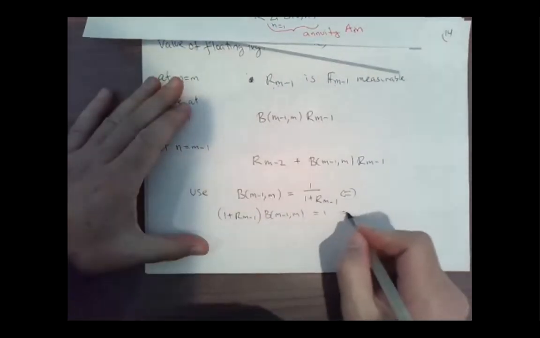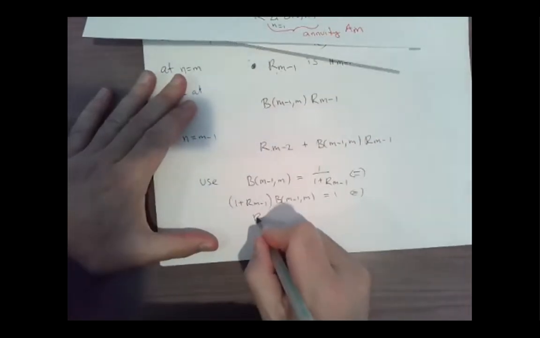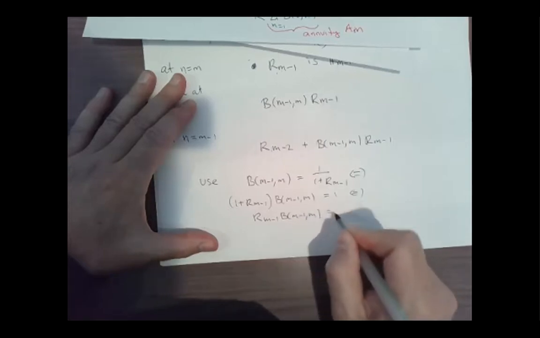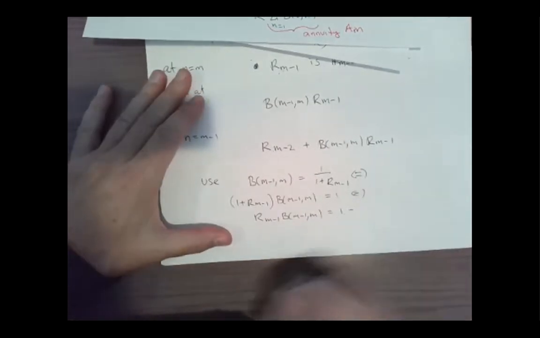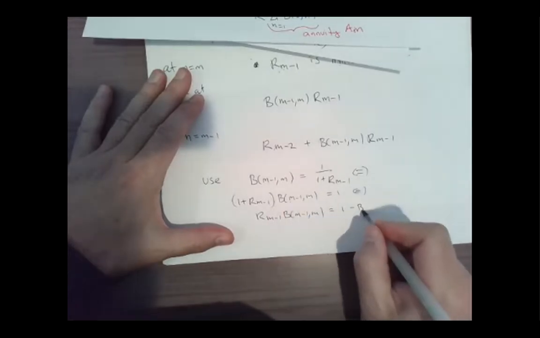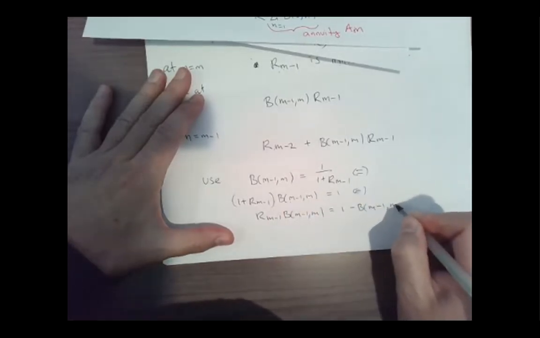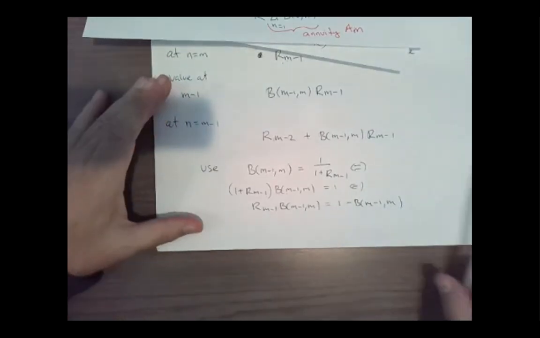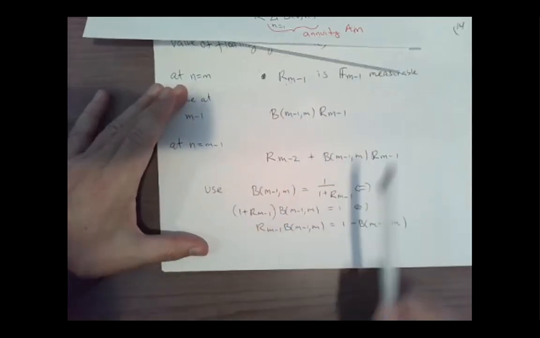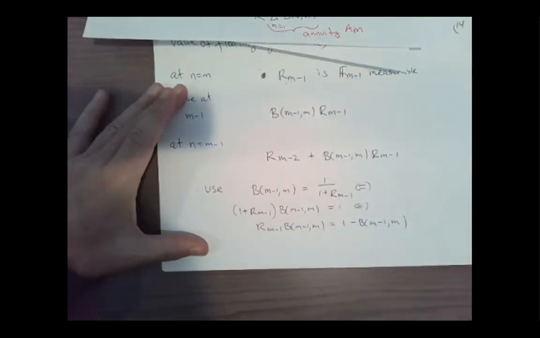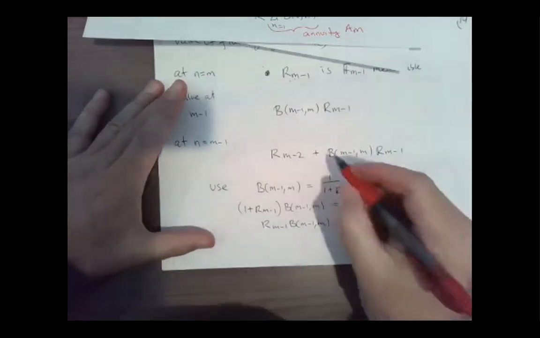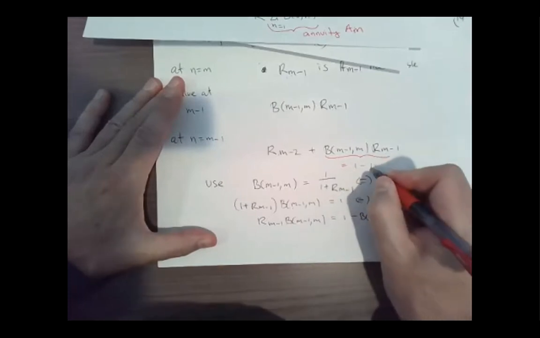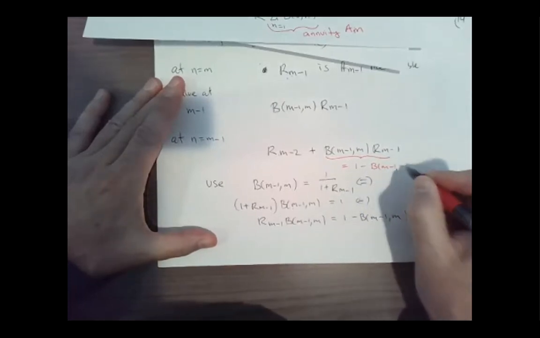This is the same as saying R_{m-1} B_{m-1,m} is equal to 1 minus the zero coupon bond. Right, so this expression up here, I can write it as that. This part here becomes 1 minus B_{m-1,m}.